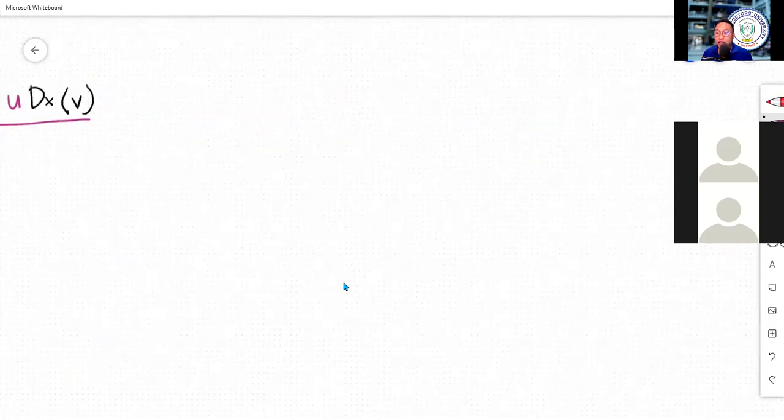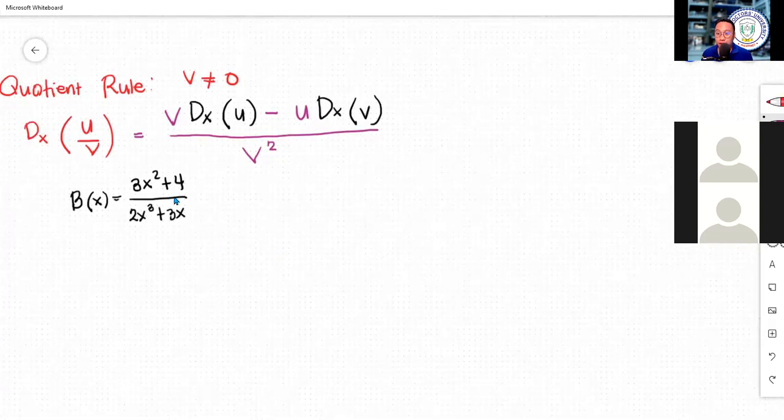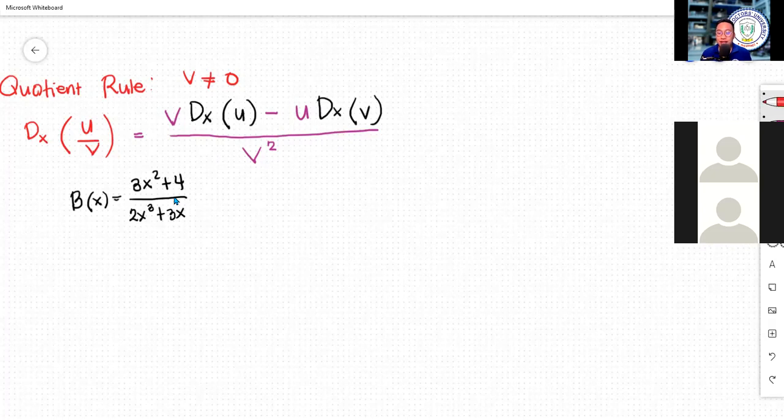We're going to be doing the quotient rule, because of course the operation there is a quotient. So as not to get confused, guys, represent the numerator and the denominator by the corresponding variables, u and v. This is going to be our u, and this is going to be our v. Then we just follow this pattern to get the derivative of this function.